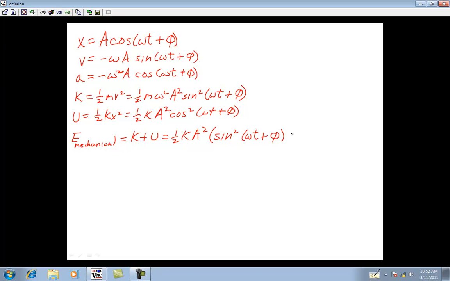Oh, I did the sine one first, plus cosine squared of omega t plus phi. Okay, what does that look familiar to? What does that become right there? M omega squared equals k, I guess. Oh, that's right.